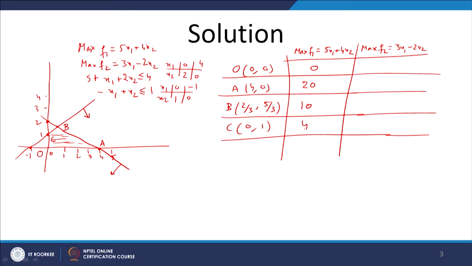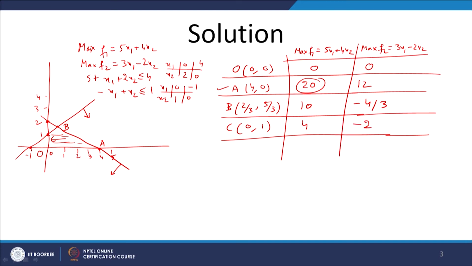So, what do we find? Since we have to maximize it, the maximization occurs at the point A, because the objective function is maximum over here. Similarly, for the second objective function, the value at O is 0, at A is 12, at B is minus 4 by 3, and at C it is minus 2.